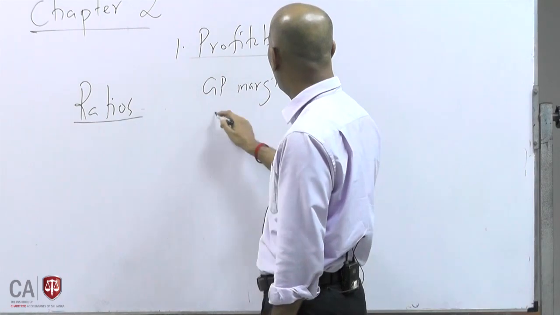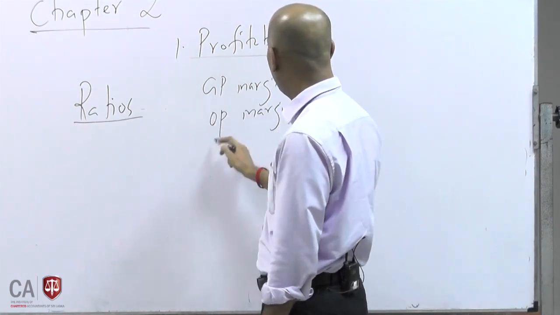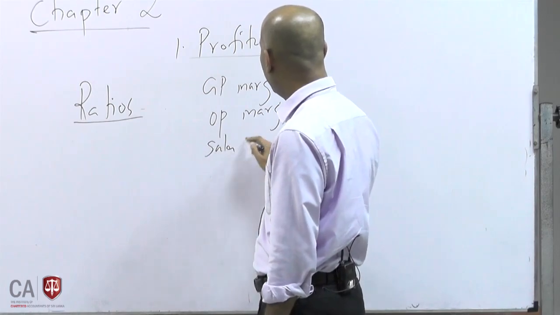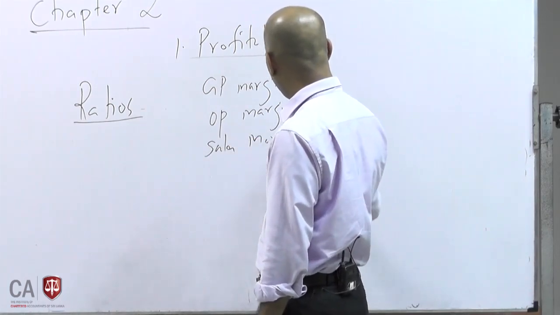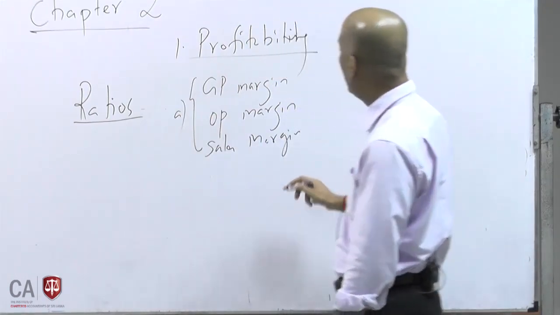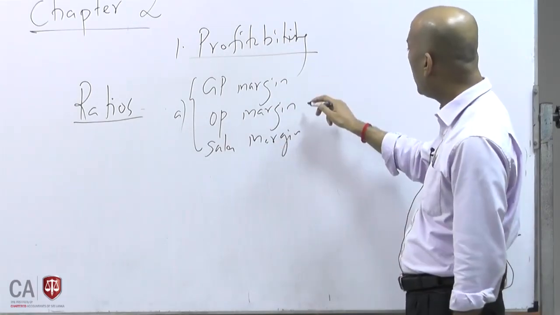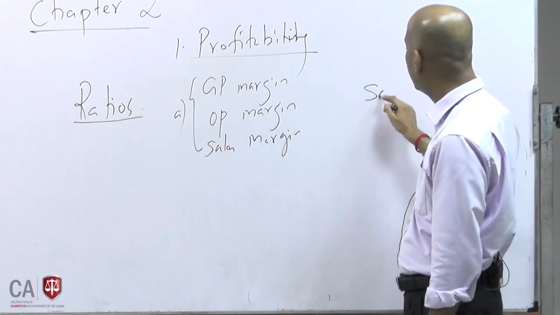So profitability ratios, we could think about GP margin, operating profit margin, and net profit margin. These all three are margin related. When you say margin, these all depend on sales.